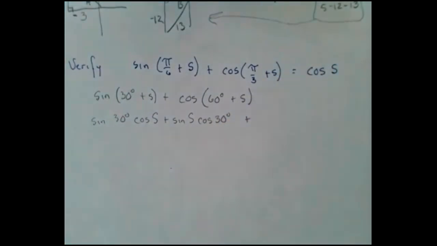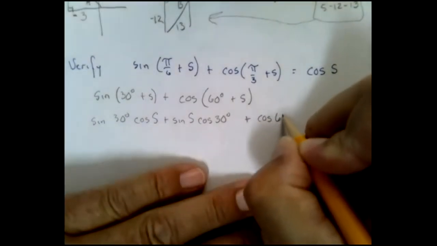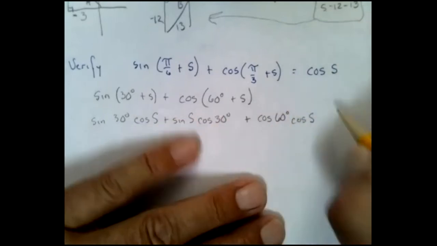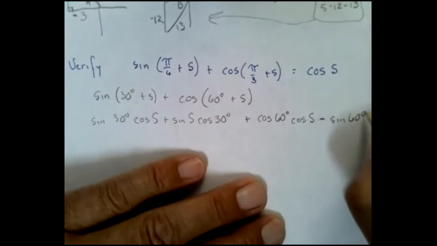Now for my second one. Cosine of the first, cosine of the second. Now it became a minus sine of the first, sine of the second. Woohoo! Almost ran out of room.